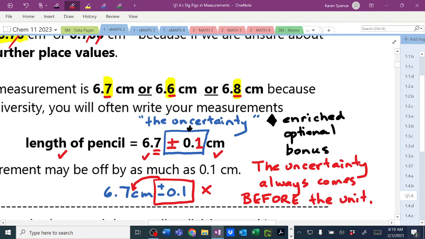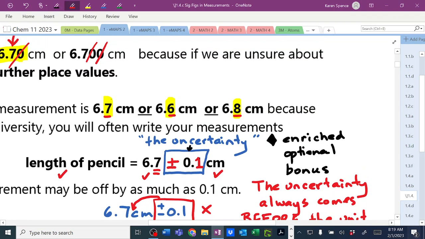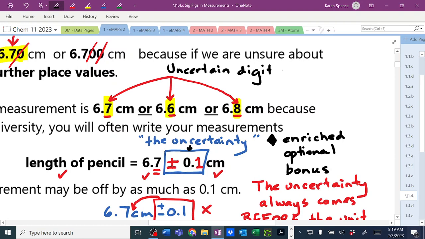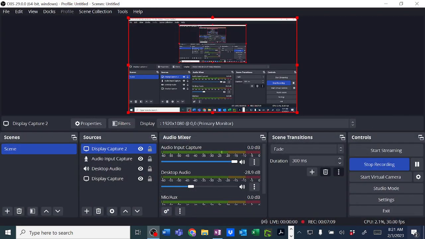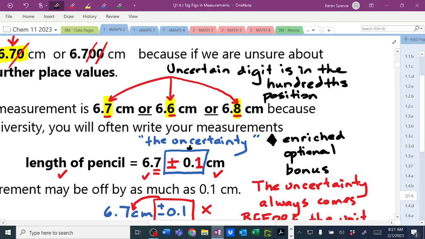The other thing to know about uncertainties is that all of our uncertain digits, whether we wrote a 6 or a 7 or an 8, that uncertain digit is in the hundredths position. Okay, so where were we?